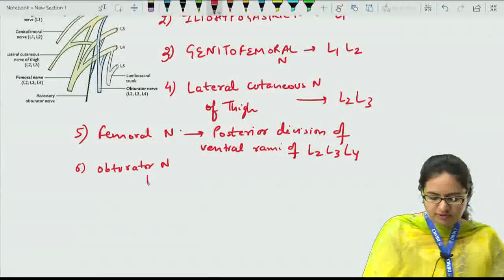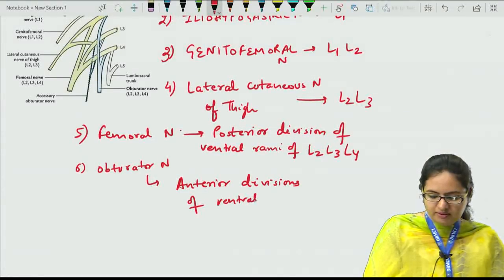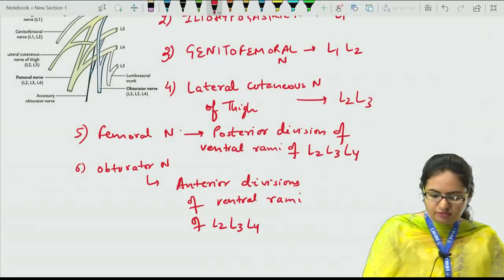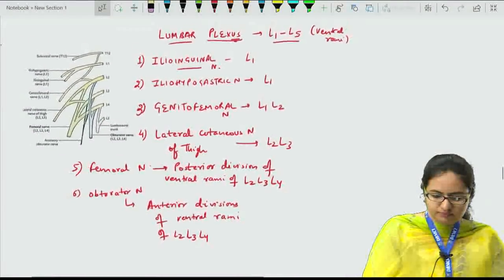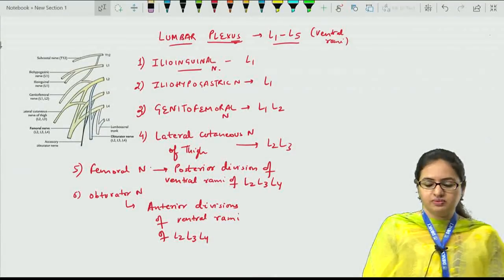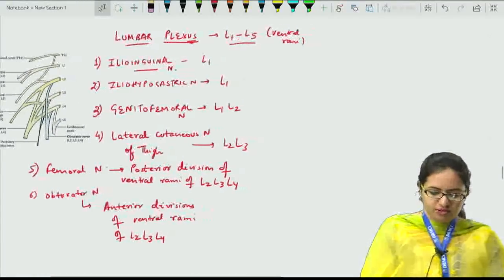The obturator nerve is formed by the anterior divisions of ventral rami of L2, L3 and L4. These are the nerves which are coming from the lumbar plexus.